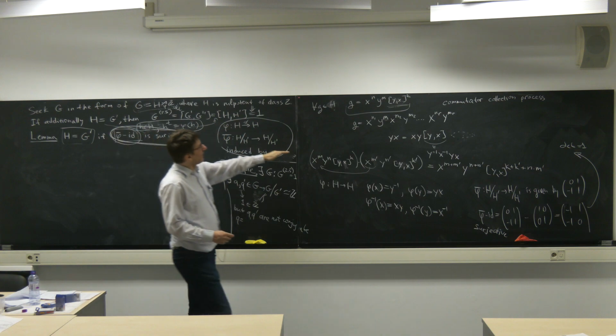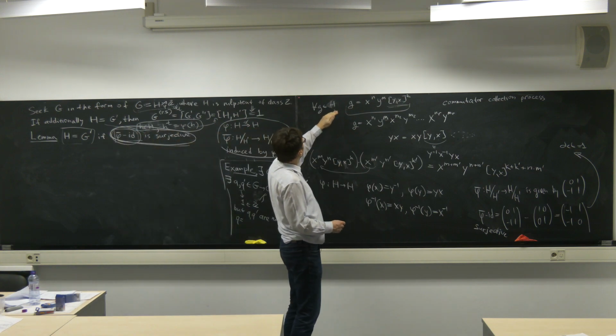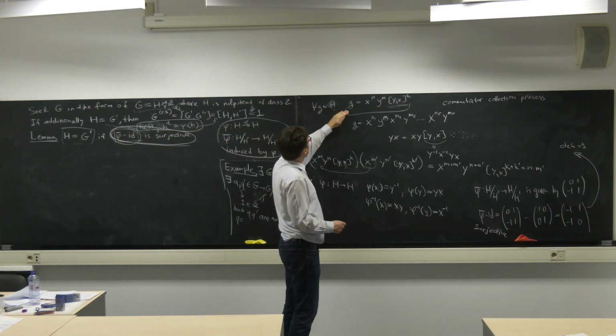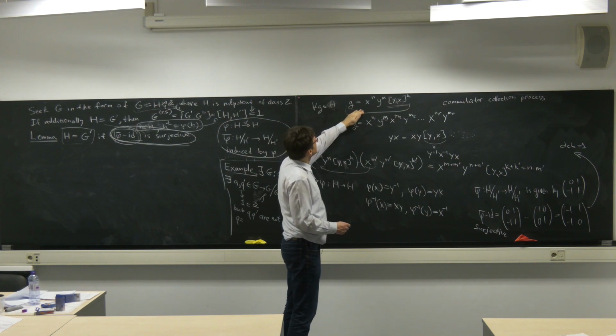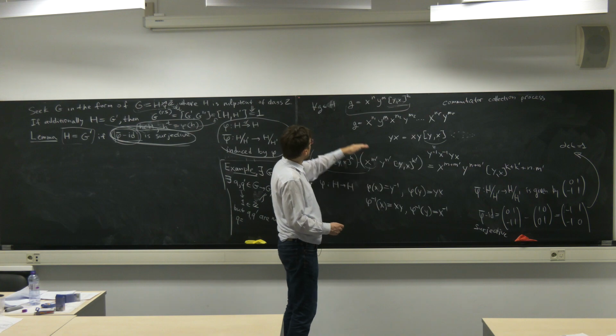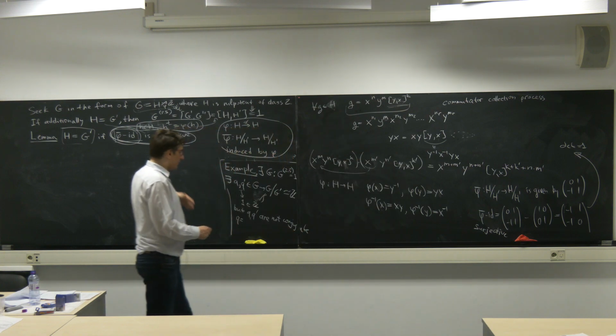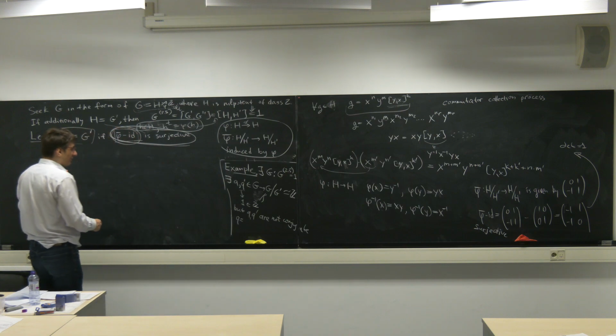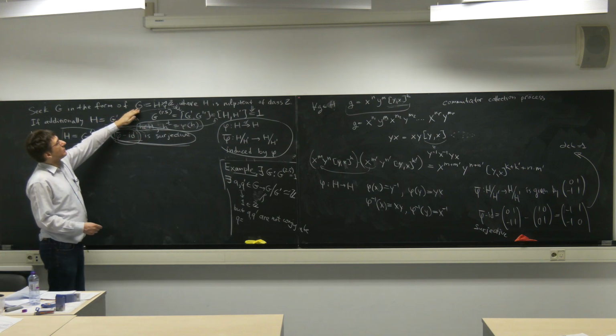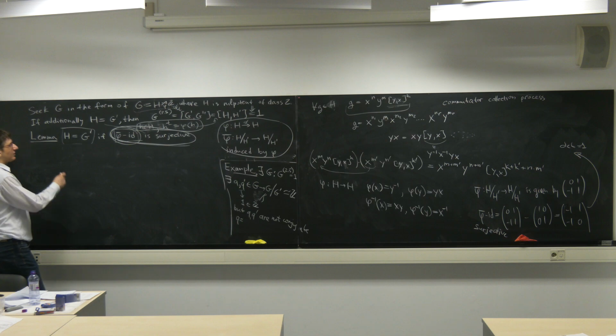So we had every element of H has this form, and we have the multiplication law for elements of H. But we also want a multiplication law for elements of G, and we also want some standard form for elements of G.